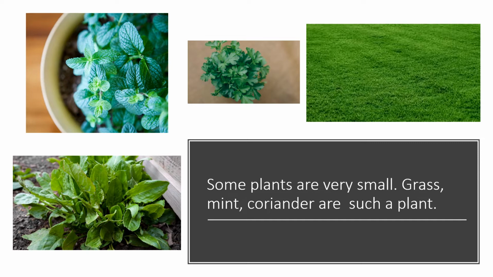Now let us read the textual line here. Some plants are very small. Grass, mint, coriander are such plants. Let us learn the spellings, children, of the words which we have not come across. Grass. Mint.